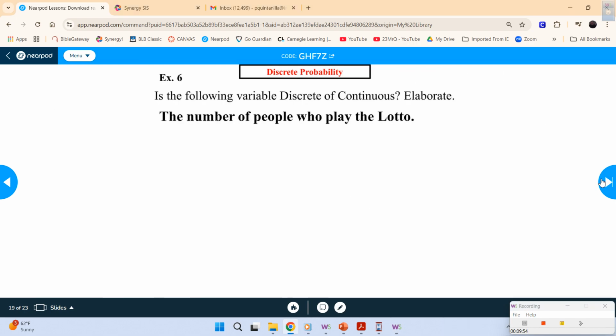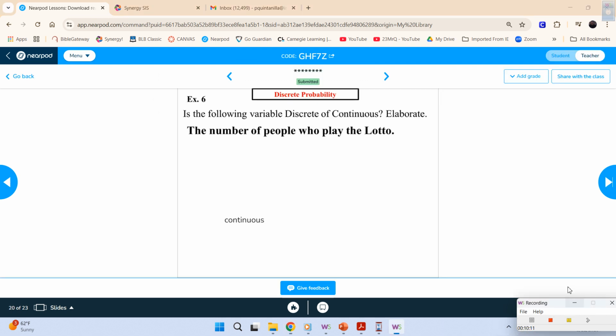The number of people who play lotto. Be careful with this one because there was a little debate earlier in regards to this one. Think it through. All right, so question. Would we ever be able to count how many people play lotto?